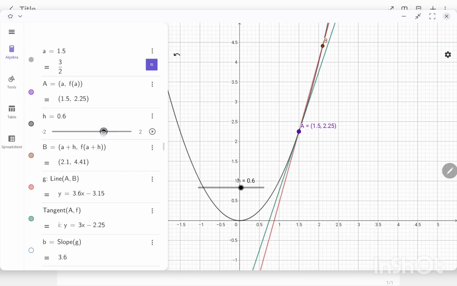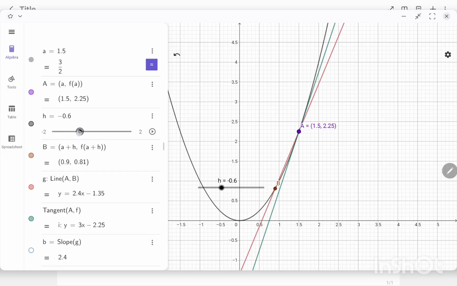And when it is almost close to 0, let me stop here. Here h is 0.3 and the slope is 3.3. When h is 0.1, you can notice it as 3.1. When h is 0.2, the slope is 3.2.